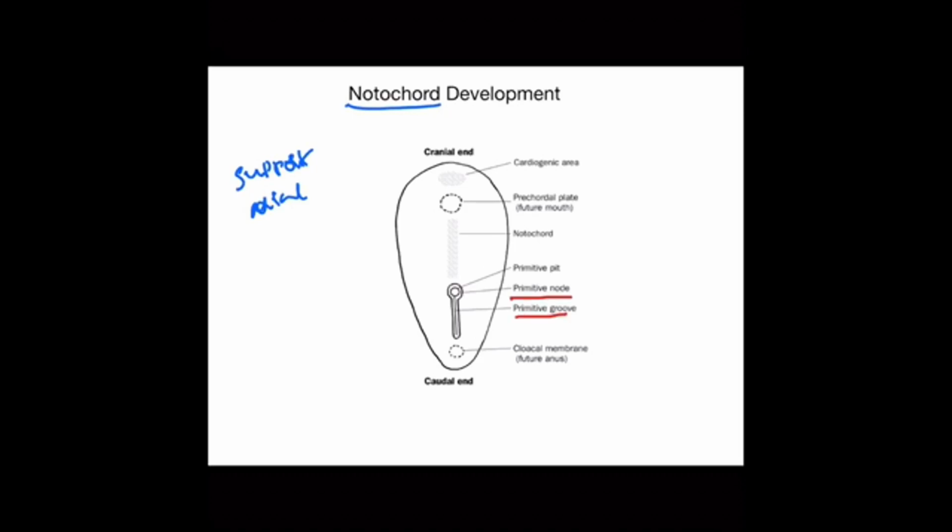As I said, primitive groove or primitive node, which is similar to the blastopore, and through which the cells from blastopore, they migrate into blastocoele. And this primitive node develops at posterior part or the caudal part of the embryo.